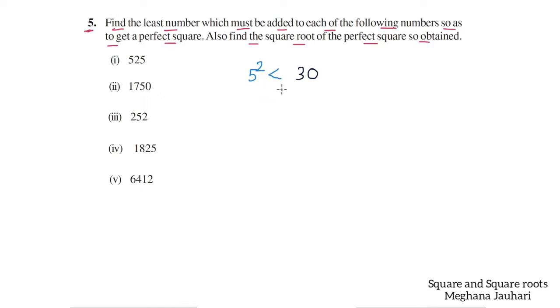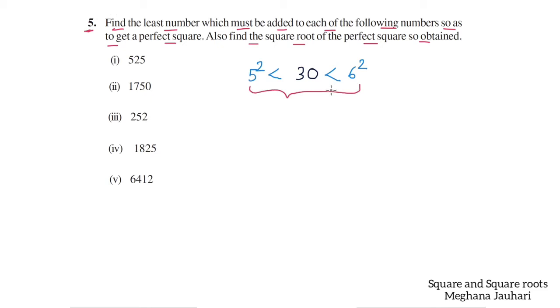And the smallest perfect square which is larger than 30 is 6 square, because 6 square is 36, which is larger than 30. So 30 lies between the consecutive perfect squares 5 square and 6 square.